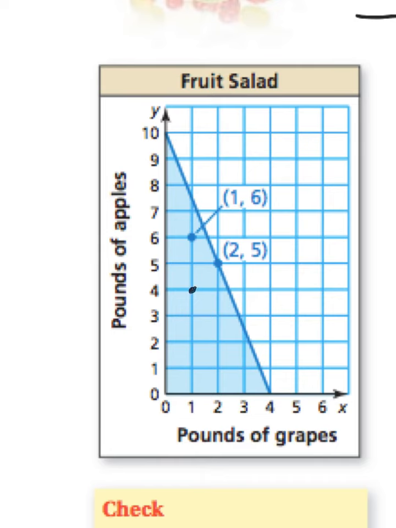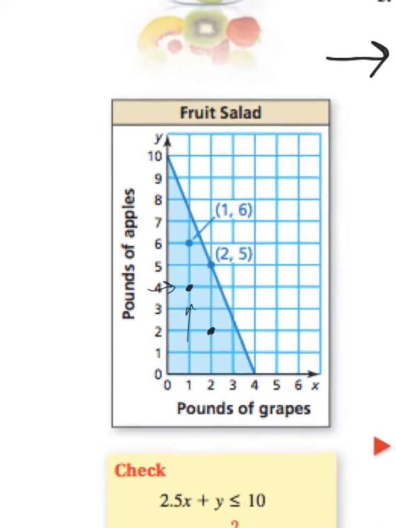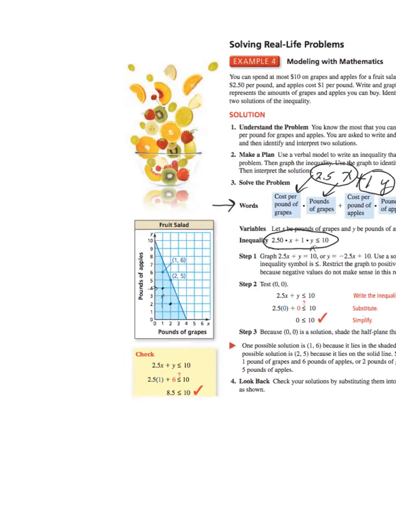Any point in here represents a possible solution. For instance, this point here says that I can get 1 pound of grapes and 4 pounds of apples, and I won't spend more than $10. Any of these points in here, 2 pounds of apples and 2 pounds of grapes, will also be less than my $10. So it's interesting because in a situation like this, we have an infinite number of possible solutions that will allow us to buy grapes and apples.